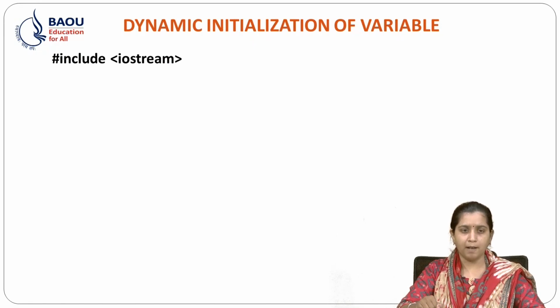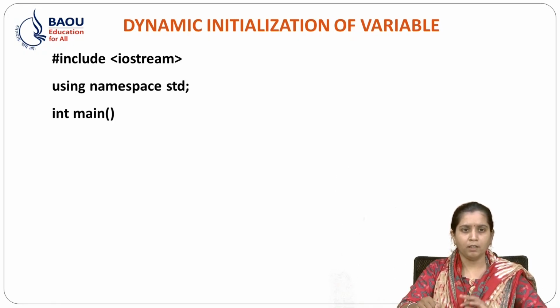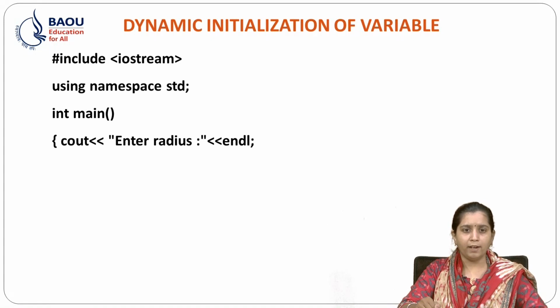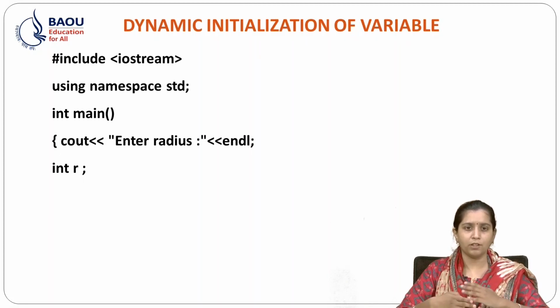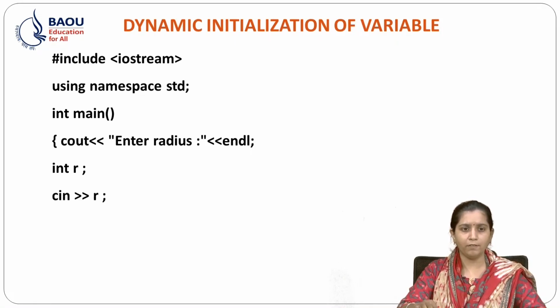Let's see one example. For example, #include iostream, using namespace std, int main. cout enter radius, int r. We are going to see about this in detail, but right now just concentrate on the dynamic initialization of variable in this program. What I have done is, first I have taken the variable r and stored that variable.